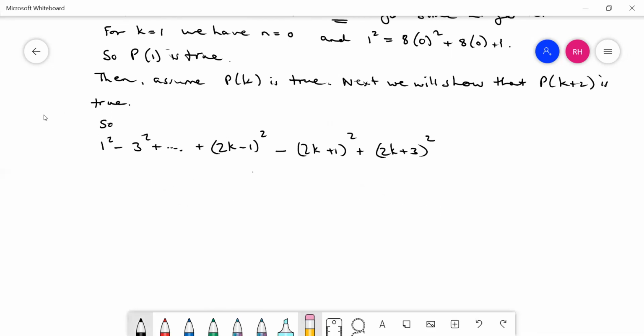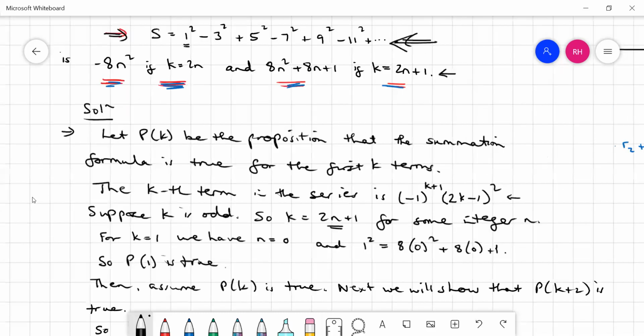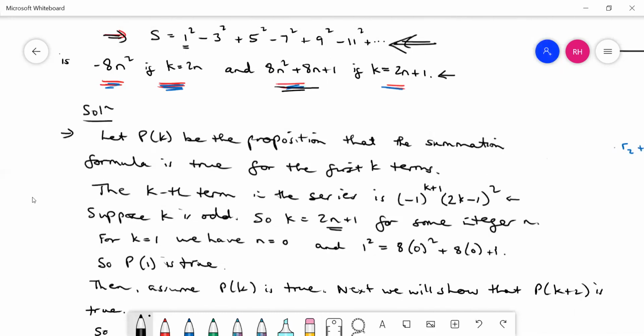And now what I know is I need to end up with this formula down the bottom, back here. I've got to get this formula somehow, but it won't be for n, it'll actually be for n plus 1.